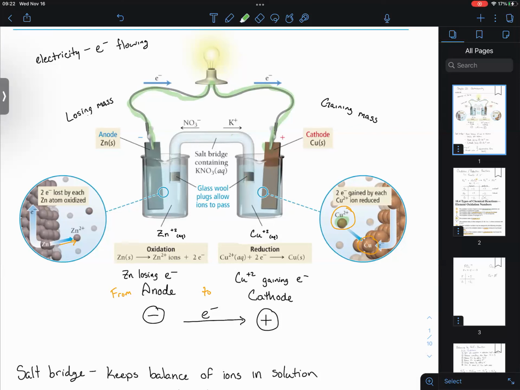Okay, turns out that transfer of electrons occurs even if these two things are separated, as long as those electrons have a way to flow from the zinc to the copper solution.